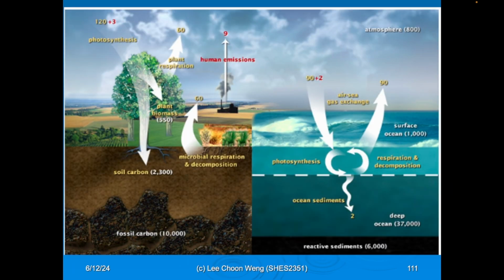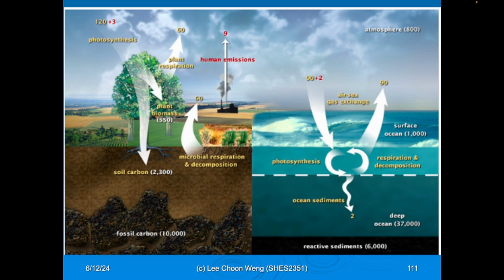So trees are important because whatever is fixed can reduce the amount of CO2 in the atmosphere. And soil carbon that is fossilized can remain in the soil for up to 10,000 years as a sink and reservoir.